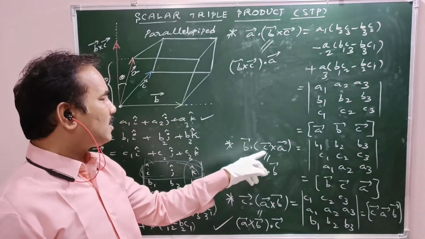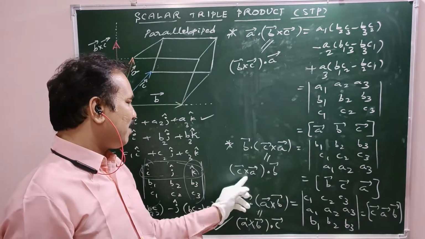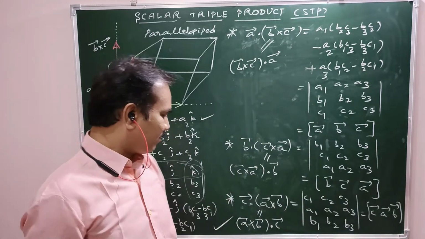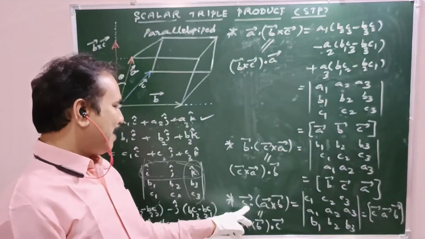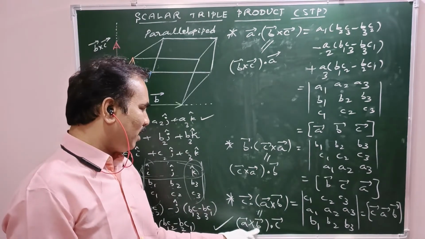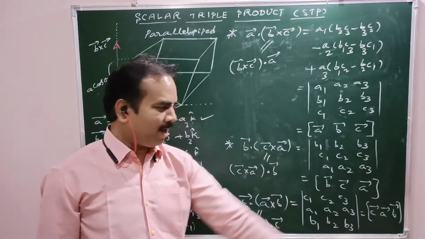Now B bar dot C bar cross A bar is also equal to C bar cross A bar dot B bar, which is also equal to bracket B C A. Right? This time C bar dot A bar cross B bar can also be written as A bar cross B bar dot C bar, which is also equal to bracket C bar A bar B bar.